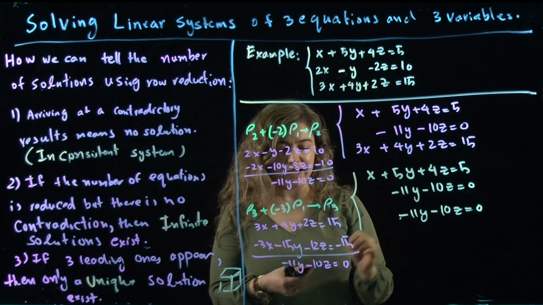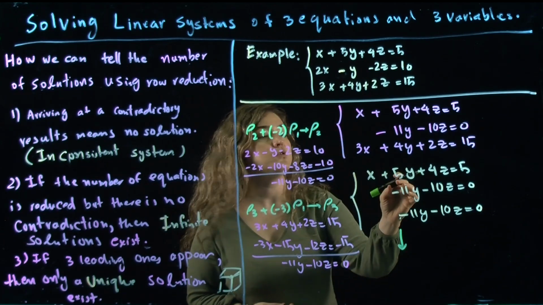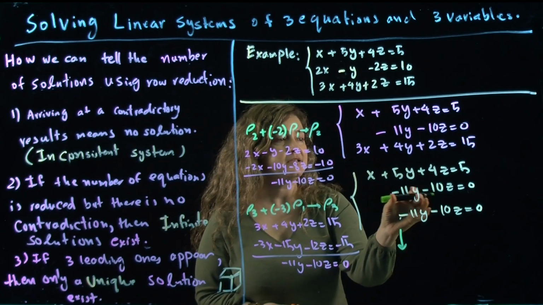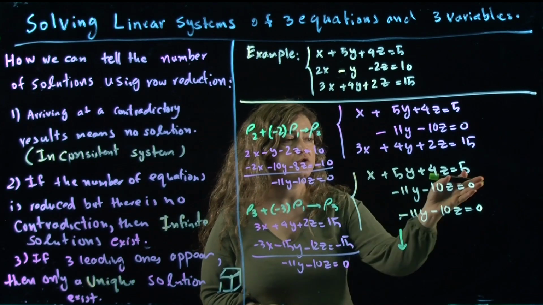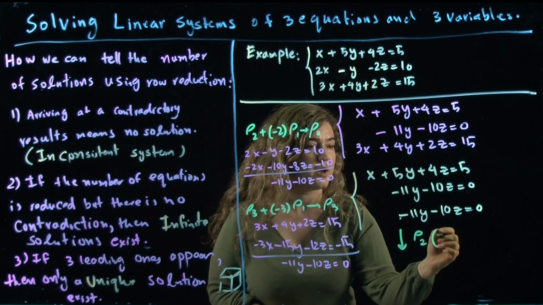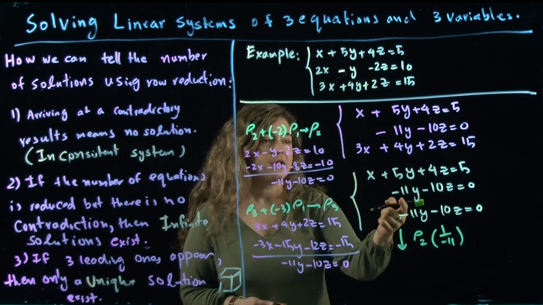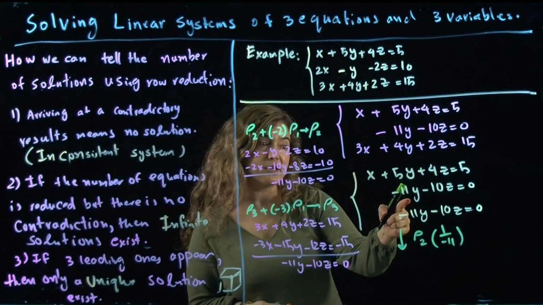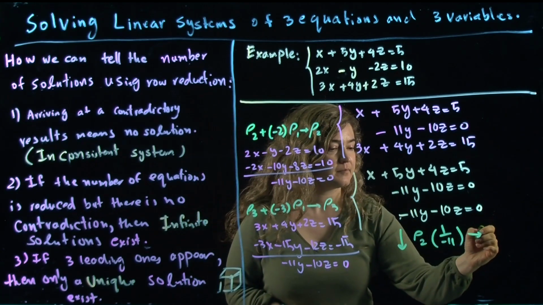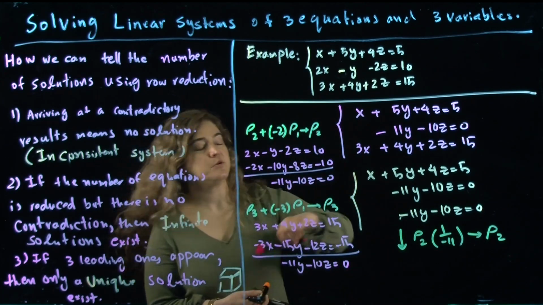And so to do that, we need to divide row 2, or multiply row 2, by the reciprocal of the coefficient of y and put it back into row 2.